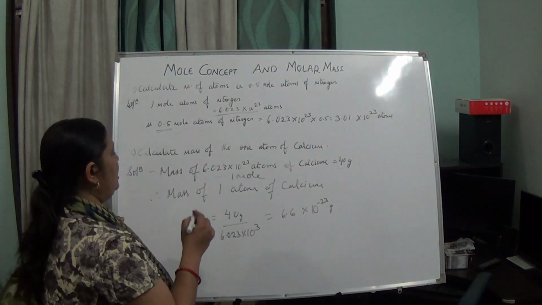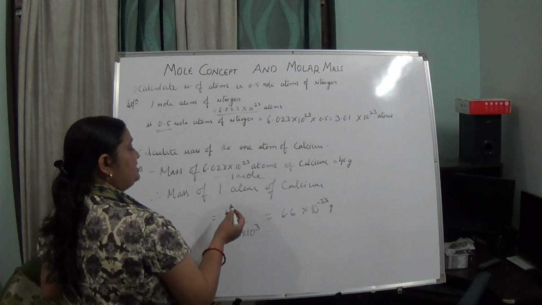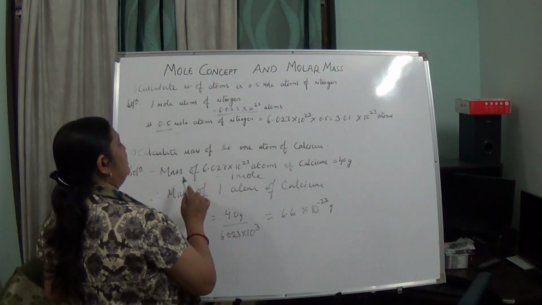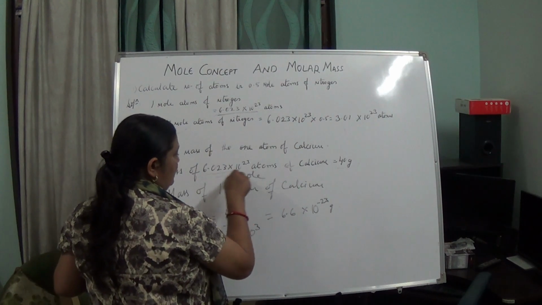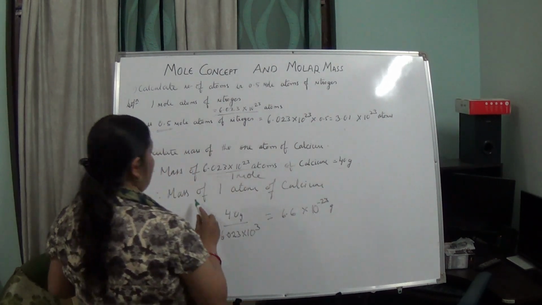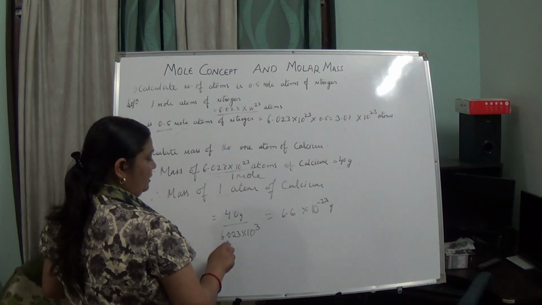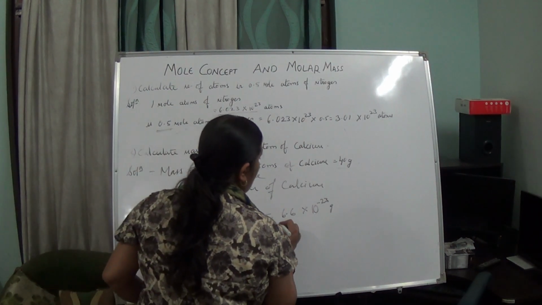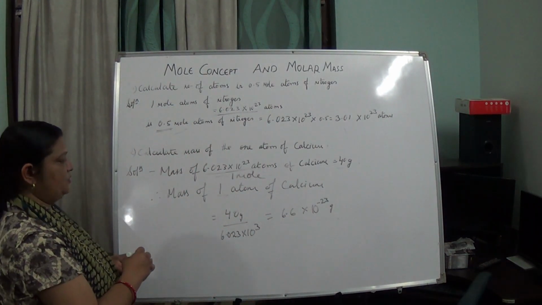If 1 mole, consisting of this many atoms, has a mass of 40 grams, therefore 1 atom will have 40 divided by the Avogadro number, which gives 6.6 into 10 to the power minus 23 grams.